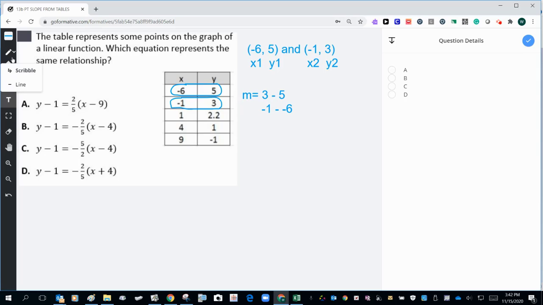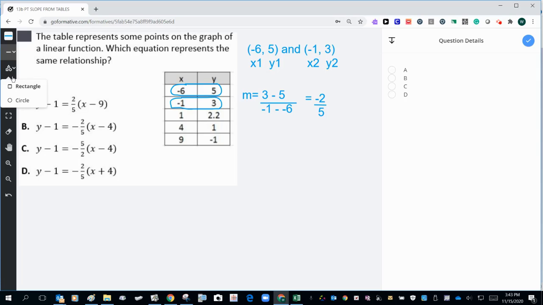Now I draw the line and I do the calculations. 3 minus 5 is -2 over -1. So negative becomes a positive, so -1 plus 6 is 5. And I go ahead and draw the line again. And -2 over 5 equals -2/5.